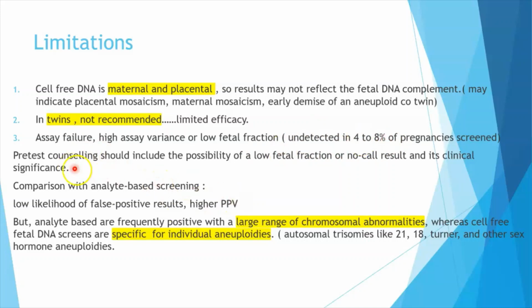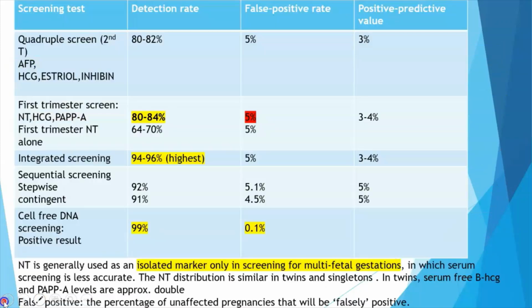Now friends, pretest counseling should include the possibility of a low fetal fraction or no-call result and its clinical significance. Now, how can we compare cell-free DNA testing with analyte-based screening? First, there is a low likelihood of false positive results in case of cell-free DNA, as we saw that the sensitivity of cell-free DNA was 99% with a false positive rate of only 0.1%.